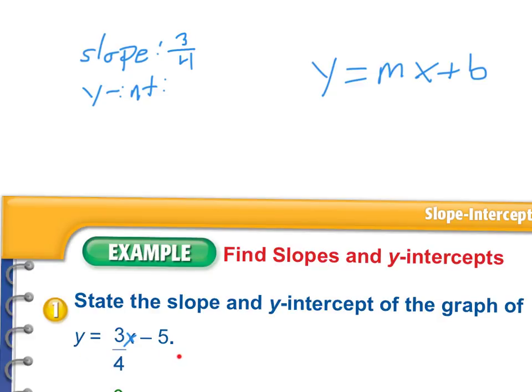The sign in front of the number goes with it. So my y-intercept is -5. Any question about identifying it? If it's put in slope-intercept form, it's that easy to identify which is which.